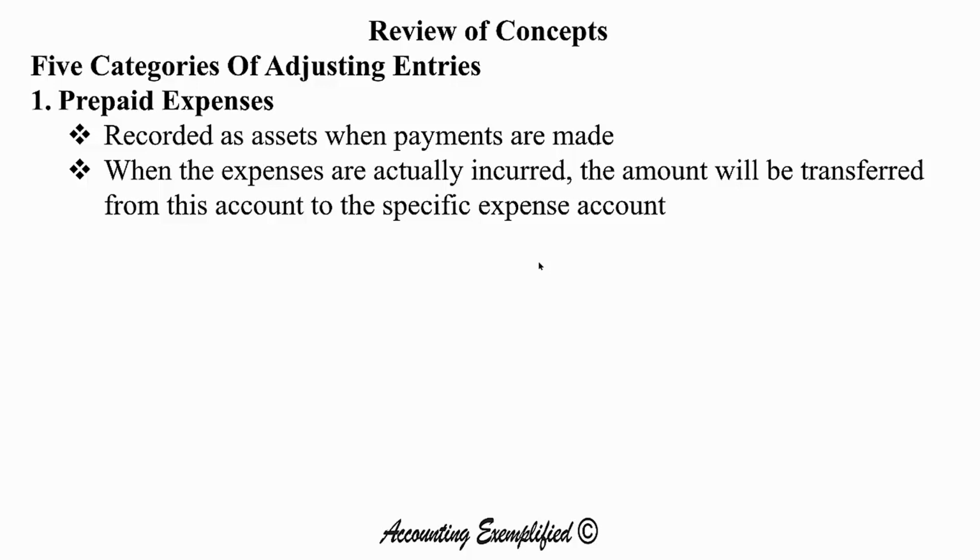So when the payment is made, that payment is recorded as an asset. It can be prepaid insurance or prepaid rent or prepaid tax. Now, this account, which is originally recorded as an asset, has to be adjusted, and the respective expense should be recorded when the company actually incurs the expense.